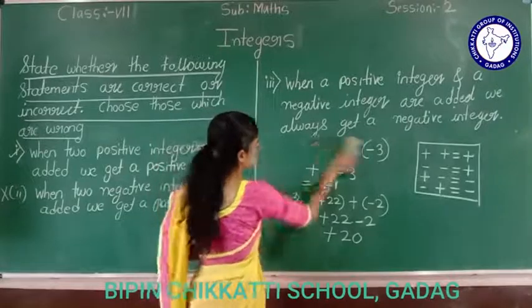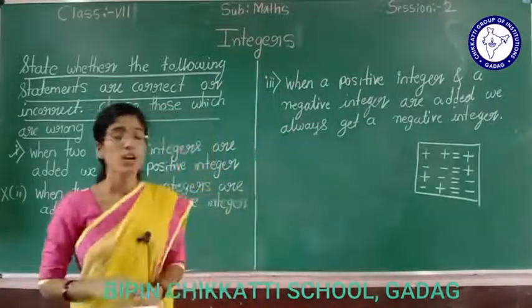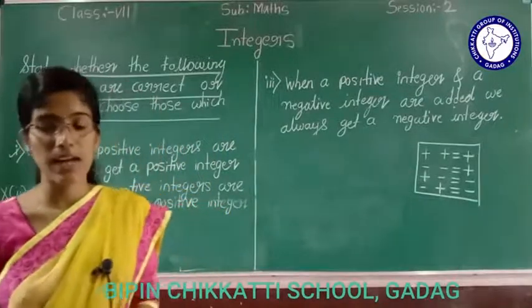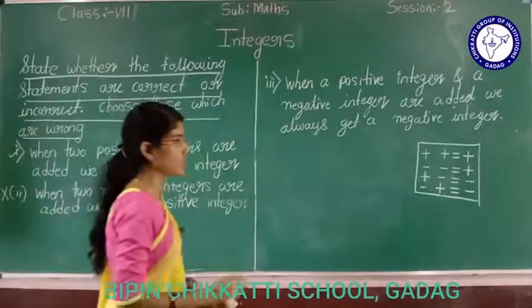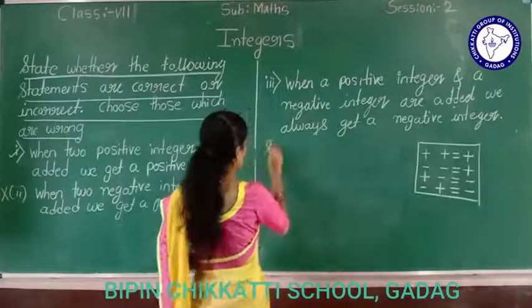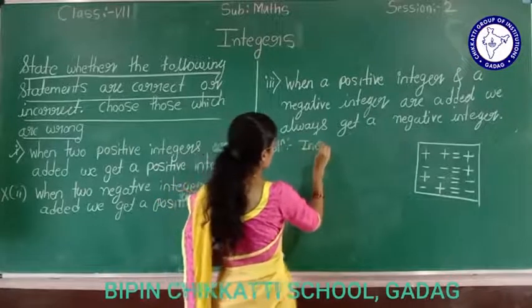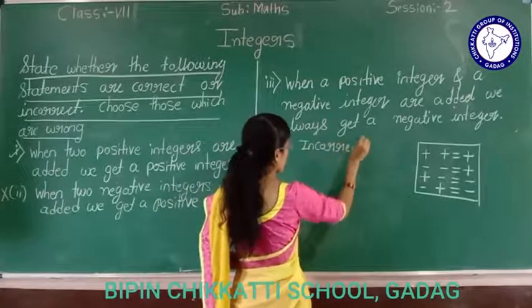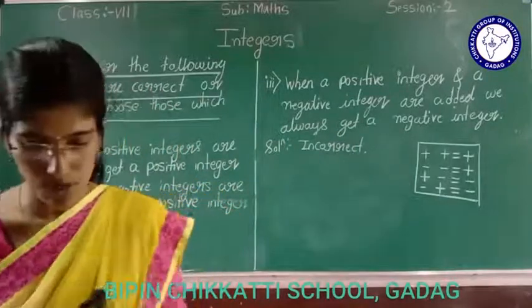Yes or no? The correct statement is that when we add a positive integer and a negative integer, we may get a positive integer or a negative integer. The solution here is this statement is incorrect. I told you the reason also. I gave you the example also.